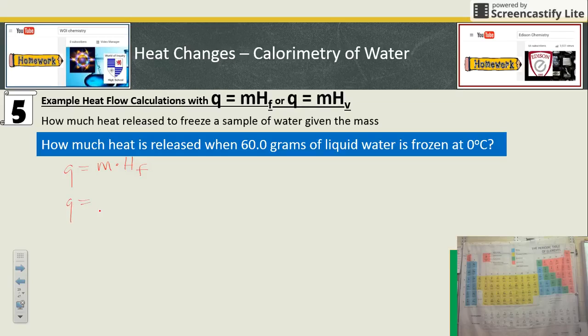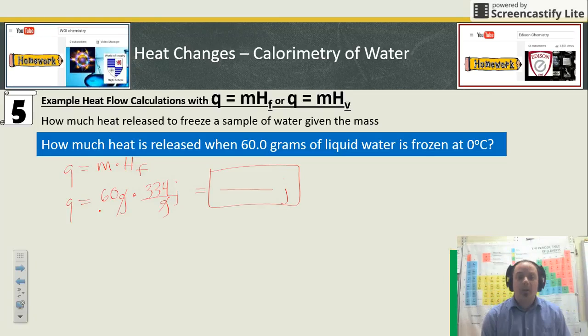And so Q equals 60 grams times 334 joules per gram again. So even though we're freezing and not melting, we are still left with the same mathematical process. This time you're going to do 60 grams times 334 joules per gram, and you'll find how much heat it took to release when that was frozen.